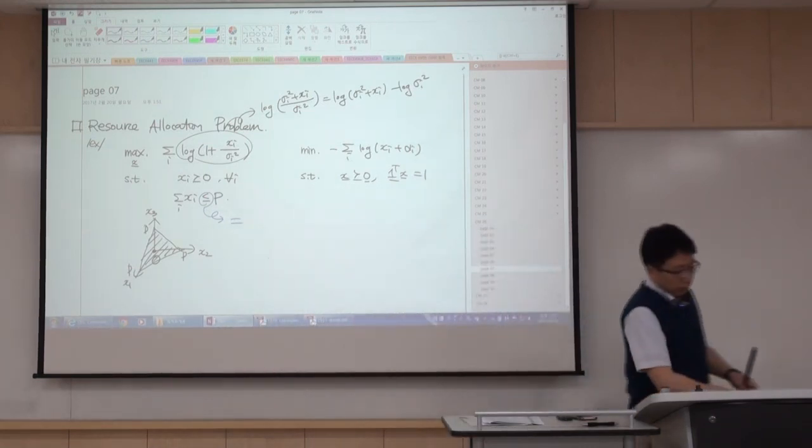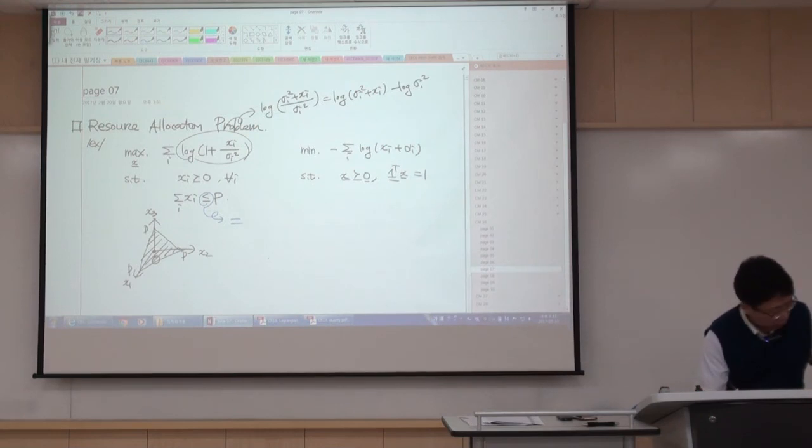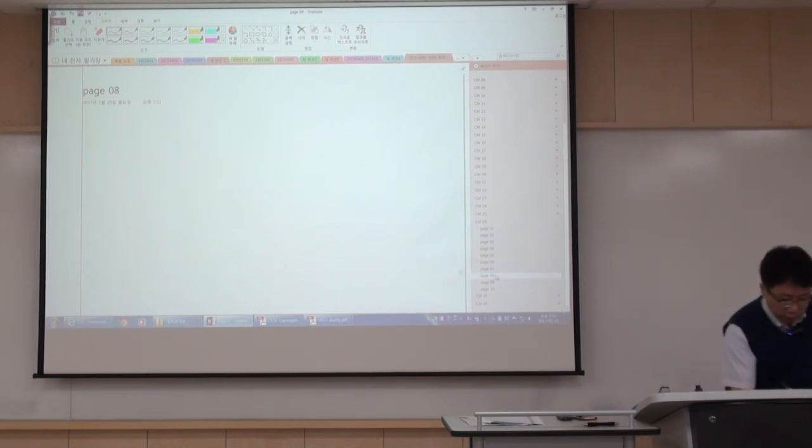Now, let's find that. The first thing you need to do is to formulate the Lagrangian function. What is that? Summation of log 1 plus xi over sigma i squared.